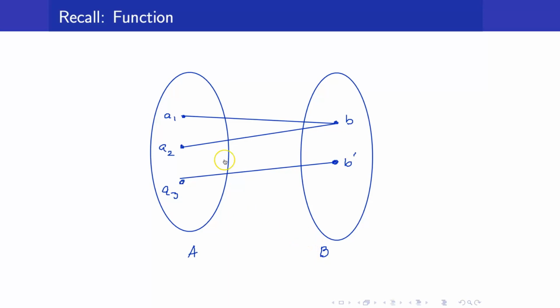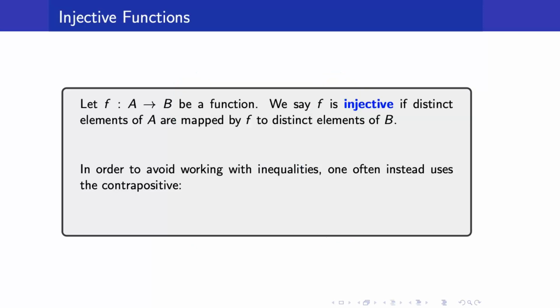Now, what we want to happen is for this configuration not to happen. We don't want two distinct elements in the domain to be mapped to the same element in B. If that is the case, we say that a function is injective.